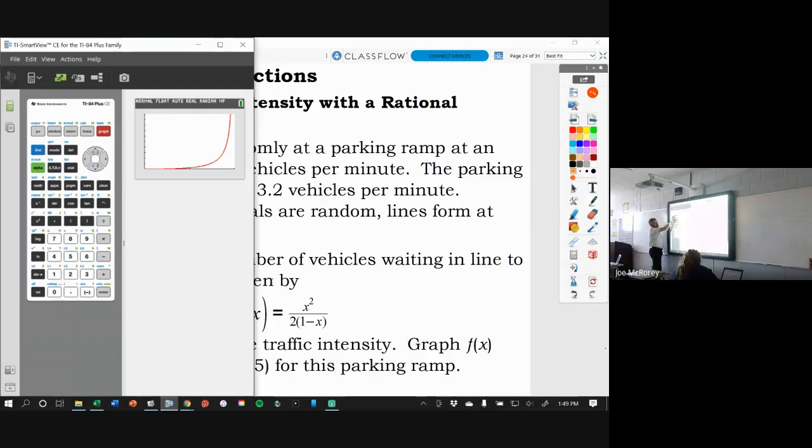If you press trace, you can actually type in 0.8125 from here. Let me change to my red graph there. Real quick, look at this. My blue graph, I entered as a fraction, right?